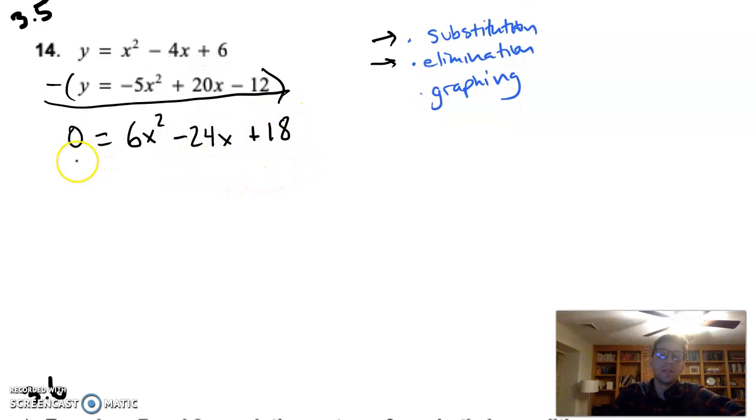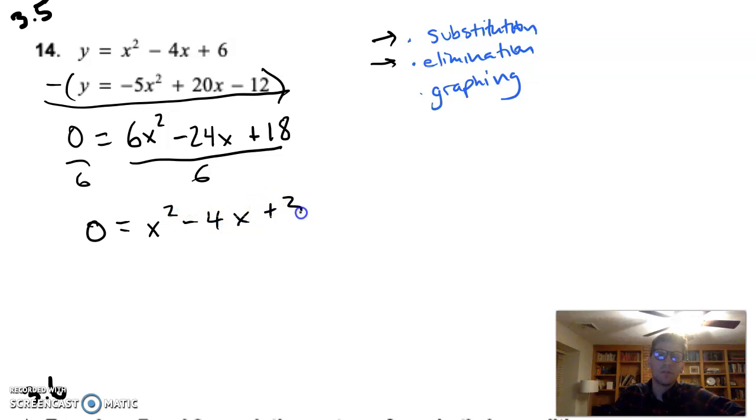Oh, look, since it equals 0, I can divide both sides by 6. It's still going to be 0 equals x squared minus 4x plus 3. Is that factorable? Oh yeah, x minus 3 and x minus 1, right?